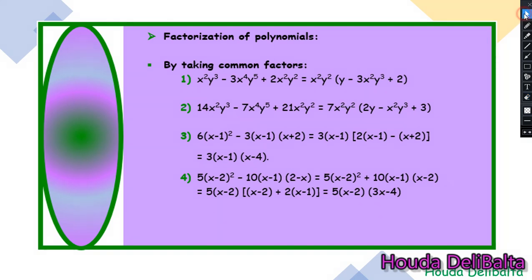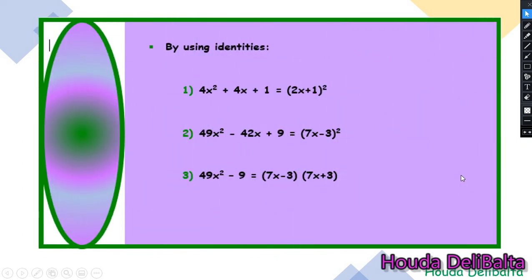Now let's talk about factorization by using identities. So the identities I told you about were a plus b squared.